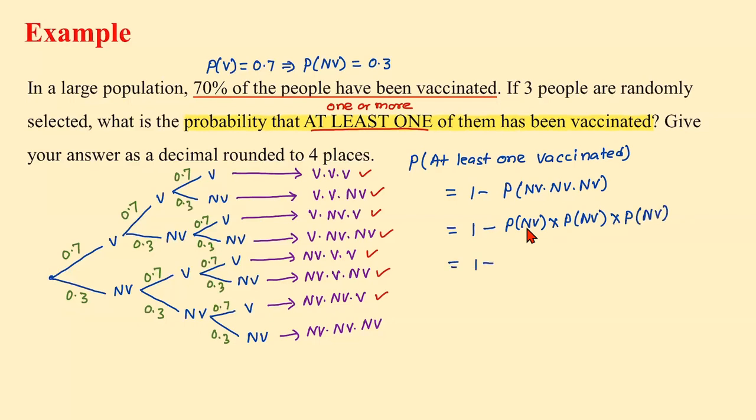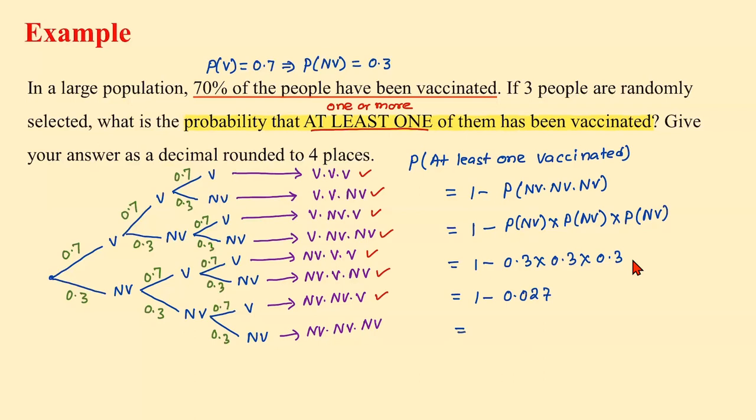So 1 minus the probability that the first one is not vaccinated, here 0.3. Second is not vaccinated, here 0.3. And the third one is not vaccinated, that is also 0.3. So what we get is 1 minus 0.3 times 0.3 times 0.3, which is 0.027.